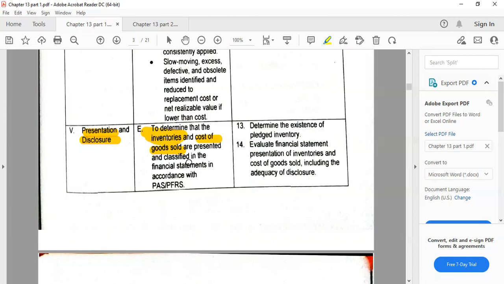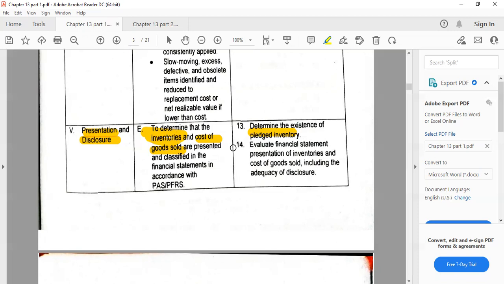And in order to achieve these objectives, these are the procedures that we are going to perform. Determine the existence of pledged inventory. So if we have inventory as collateral, meaning we borrowed from the bank and our inventory was used as collateral, we should make sure to have a disclosure in our notes to financial statements.